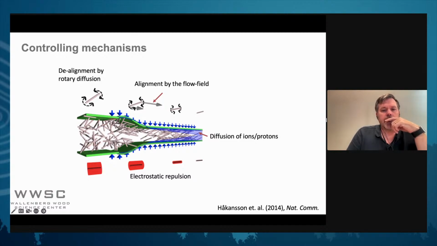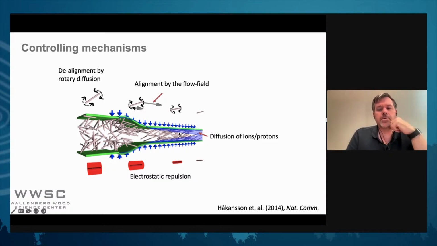We are doing the acceleration here, which aligns them. We are adding the diffusion of the protons coming in here that gels everything. And we are all the time fighting against de-alignment because on these scales, we will have rotary diffusion, Brownian motion affecting the system. And this is how we depicted it.